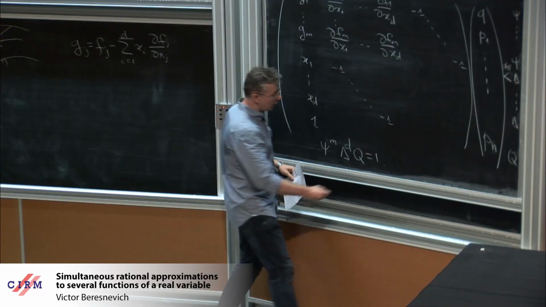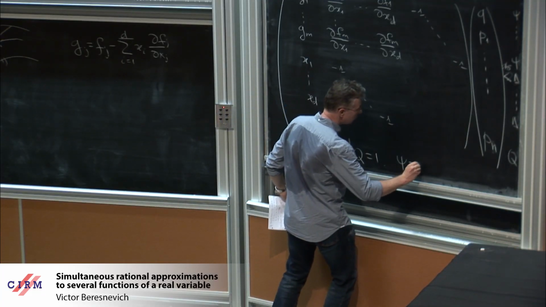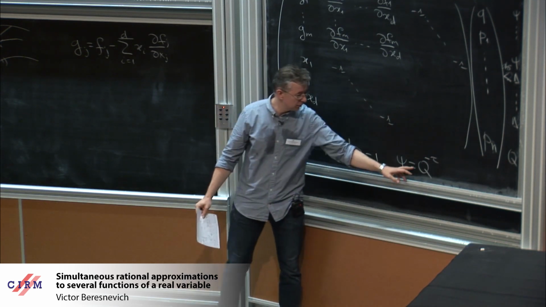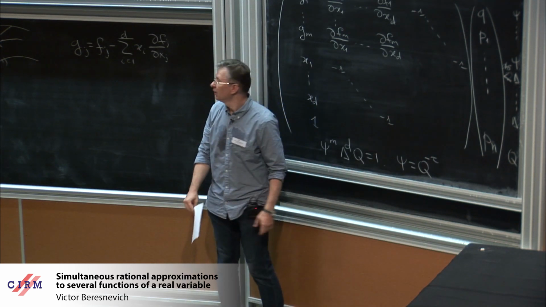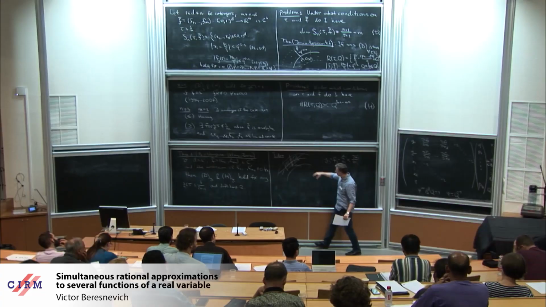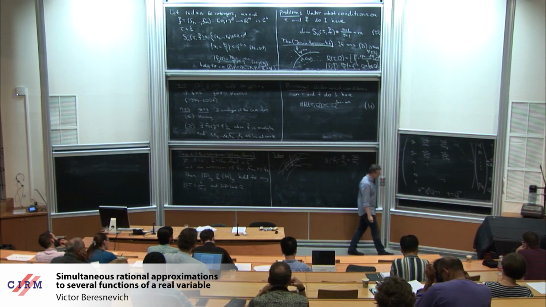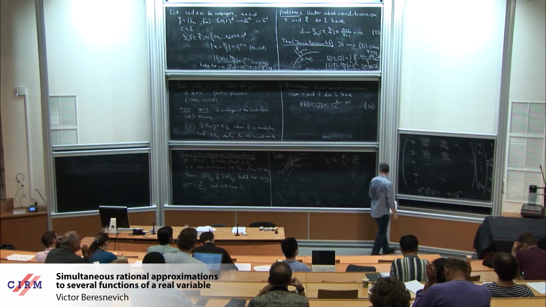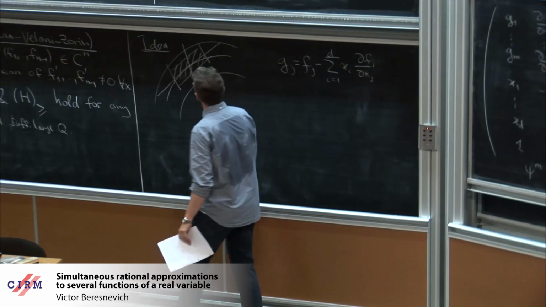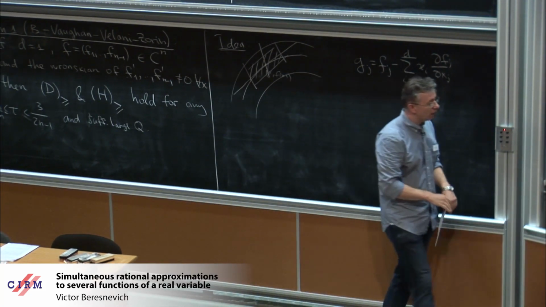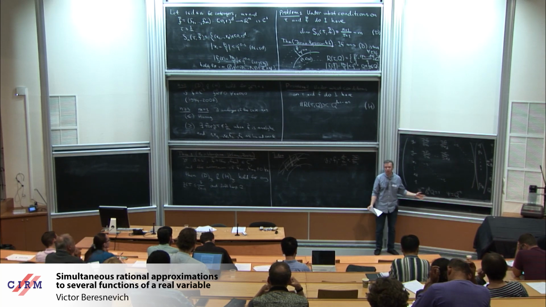Eventually psi will become q to the minus 2, or possibly some constant times that, and this will ensure that my point lies sufficiently close to the manifold. Q will be the same Q as before, which controls the denominator of the rational point, and delta is just calculated from the equation.